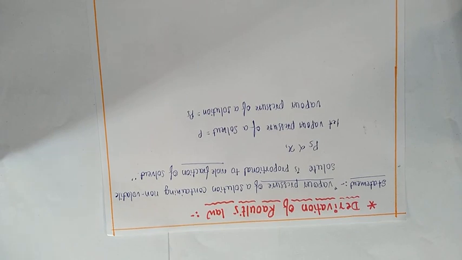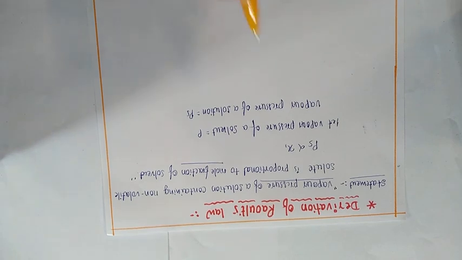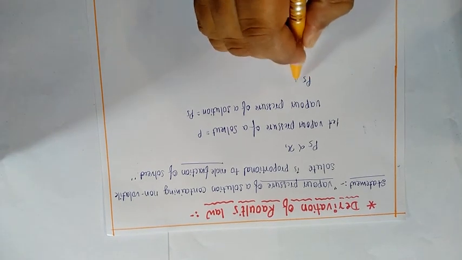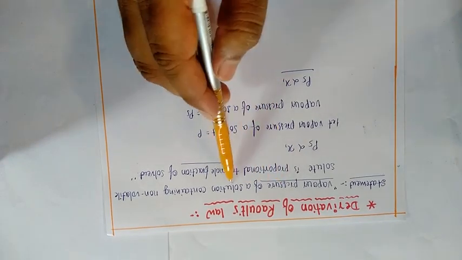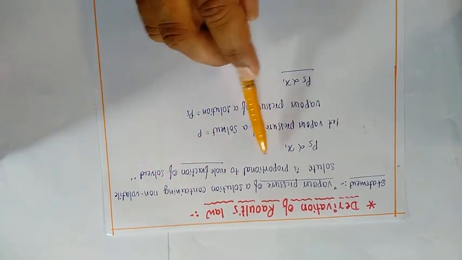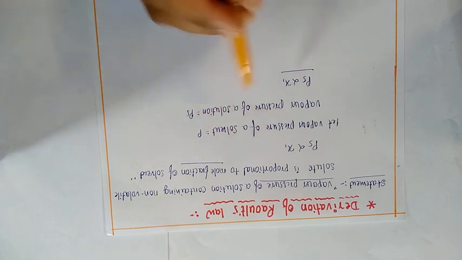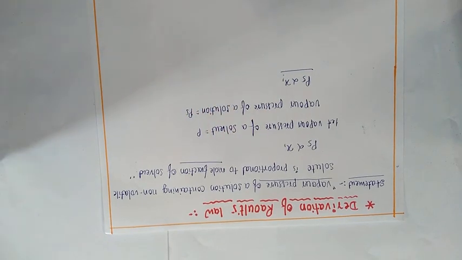According to the statement, PS, the vapor pressure of a solution, is directly proportional to the mole fraction of the solvent. That means PS is directly proportional to x1. Here x1 means mole fraction.